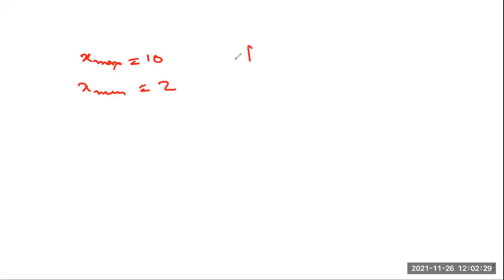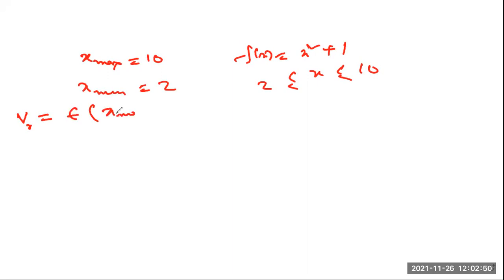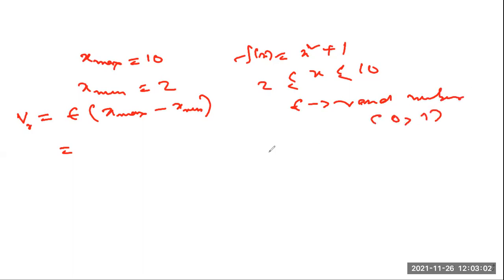You have a function, let us say f(x) equals x square plus 1, and x lies between 2 and 10. If you apply velocity clamping, that is Xmax minus Xmin, what will happen? Epsilon is a random number between 0 and 1.